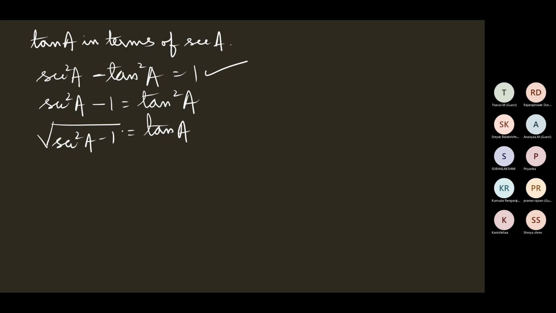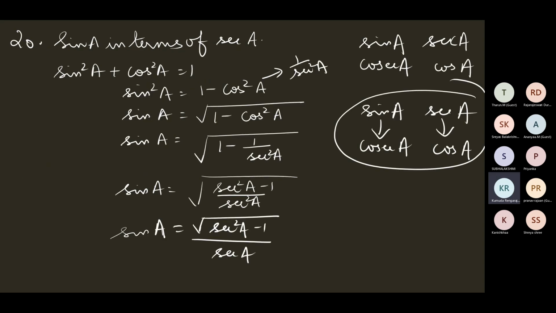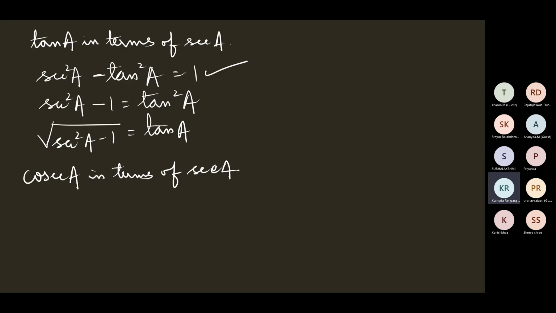And then write cosecant A in terms of secant A. Children, since we've already written sin A in terms of secant A, we can just use this, because we know that sine and cosecant are reciprocals.